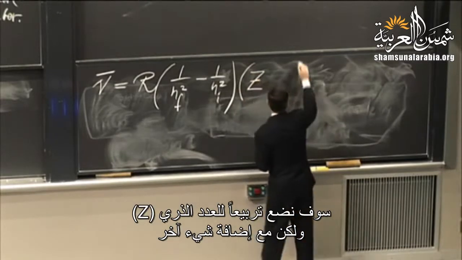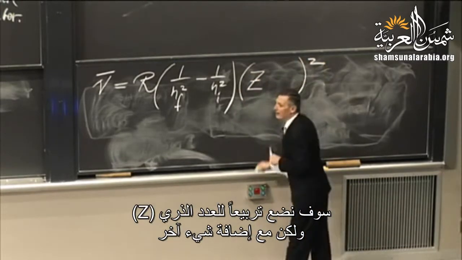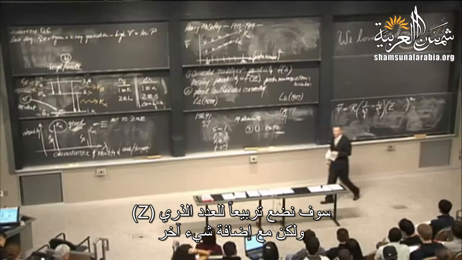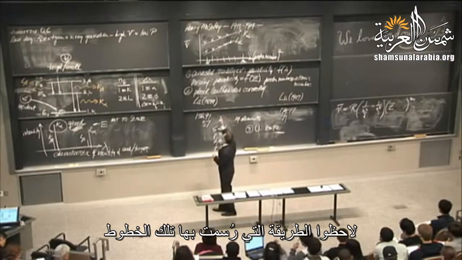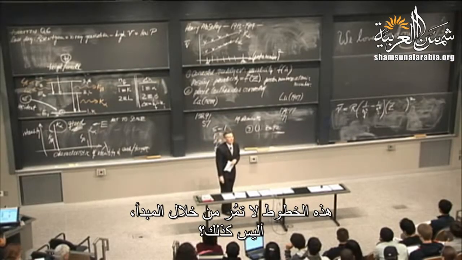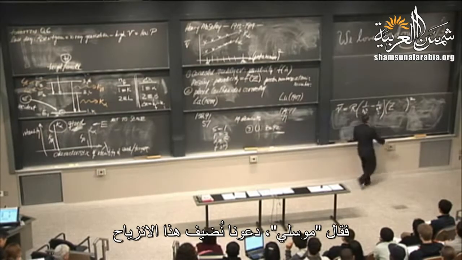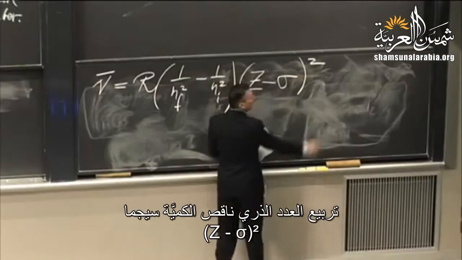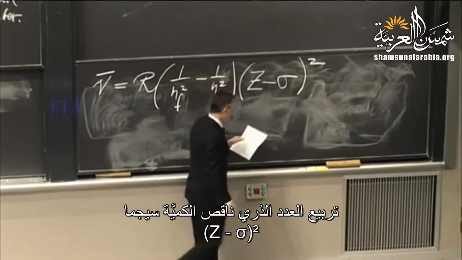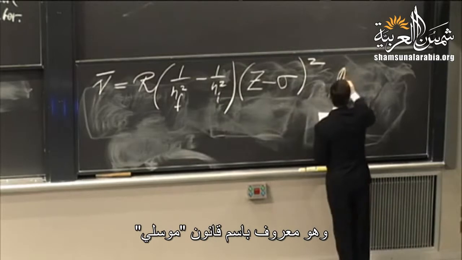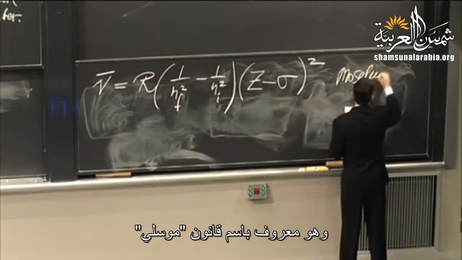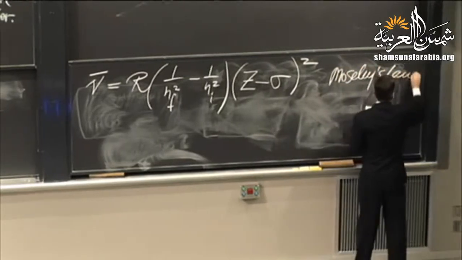We're going to put Z squared, but one more piece. Notice the way I've drawn those lines. They don't go through the origin, do they? There's an offset. So he said, let's allow for the offset: Z minus sigma quantity squared. And this is known as Moseley's law.